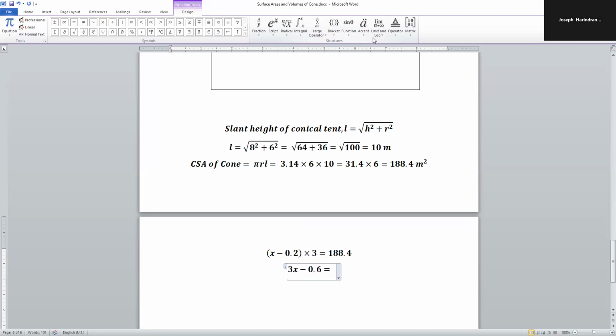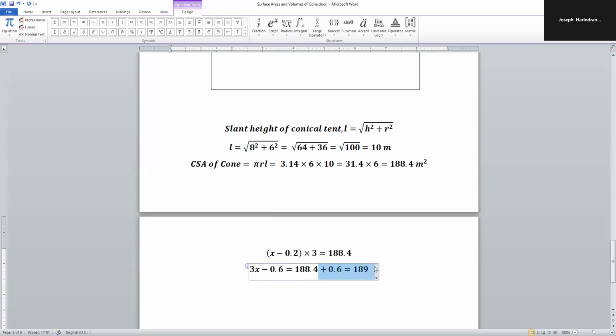Is equal to 188.4. And that is 188.4 plus 0.6.